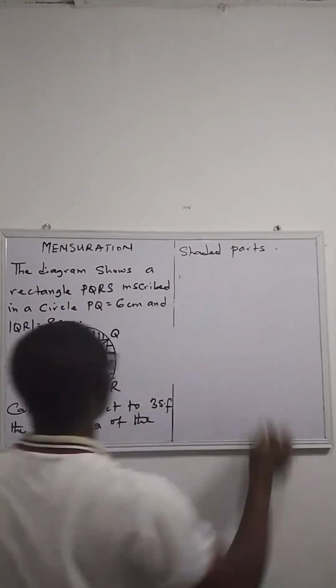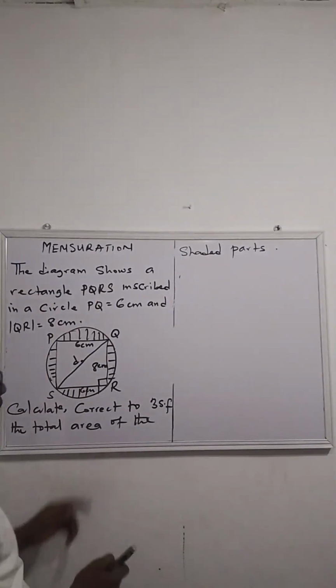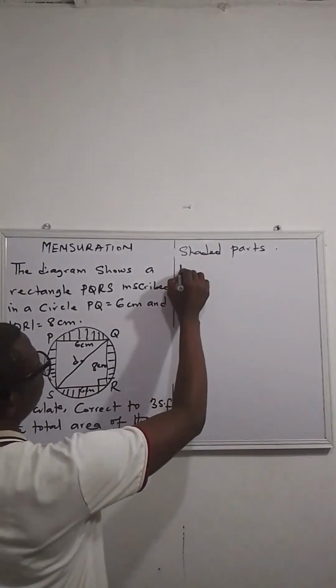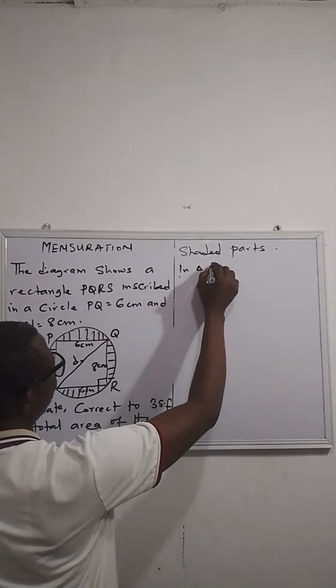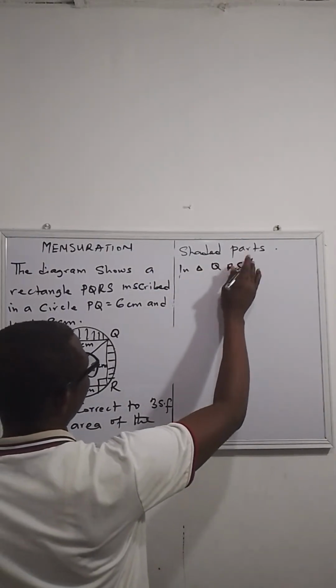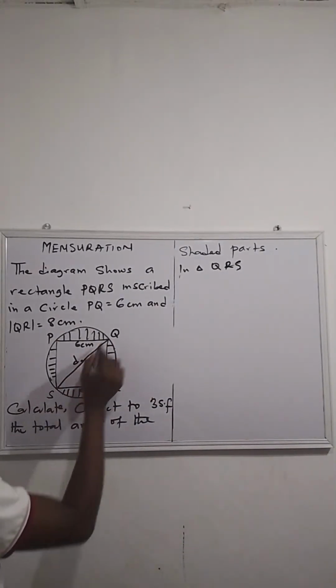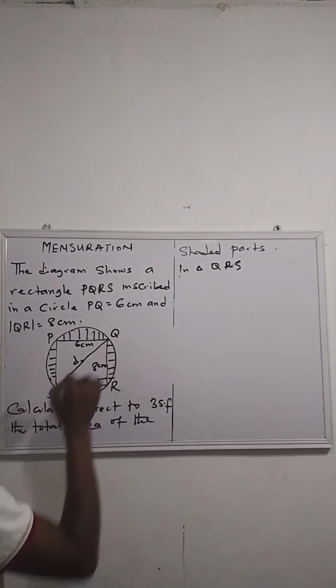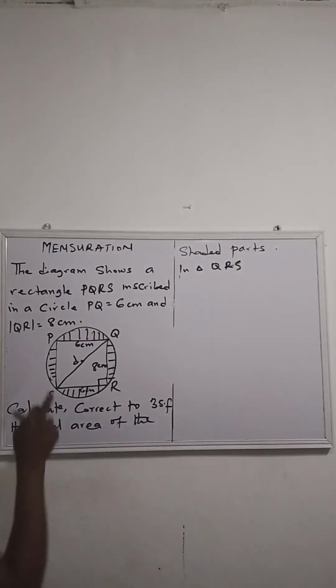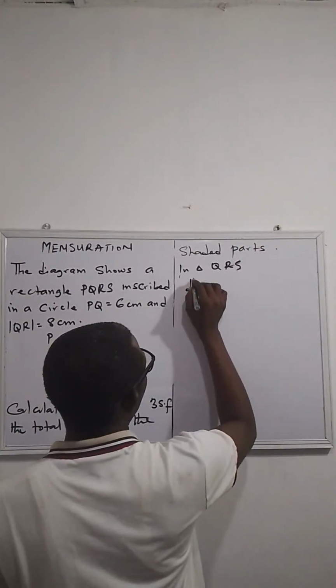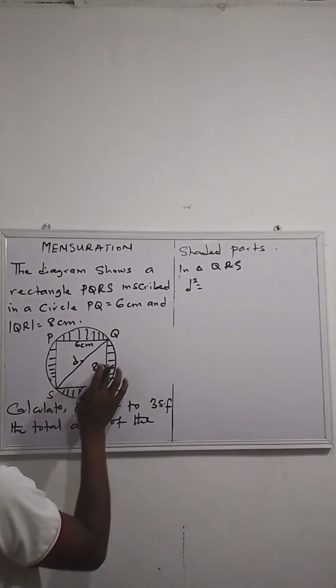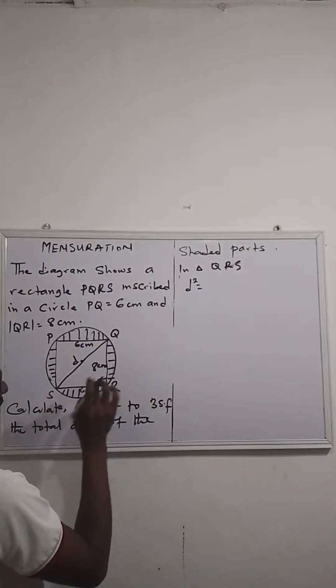All right, so now you look at triangle QRS. This is the triangle. It's a right angle triangle. So we are going to be making use of Pythagoras theorem to get this. We have d squared equals the squares of the remaining two sides.